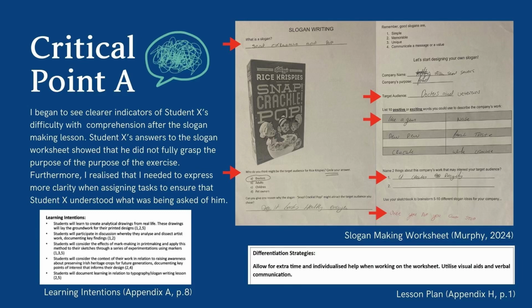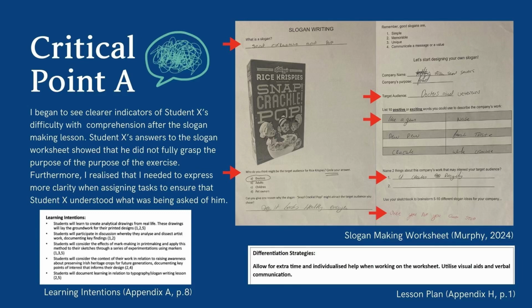It seems that the lesson on target markets and language seem lost on him, as he explains that Rice Krispies are a cereal marketed to doctors because they are healthy enough. Student X continues to discuss Rice Krispies rather than Irish Seed Savers and comes up with a new slogan for the cereal brand rather than generating his own ideas for Irish Seed Savers.